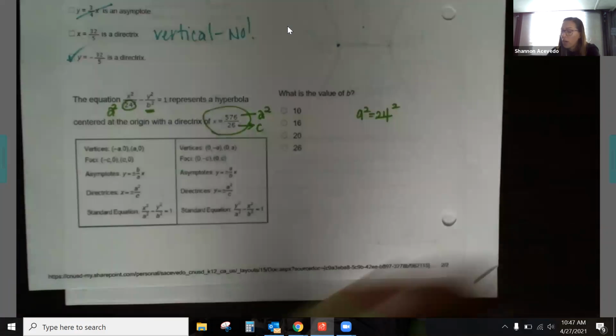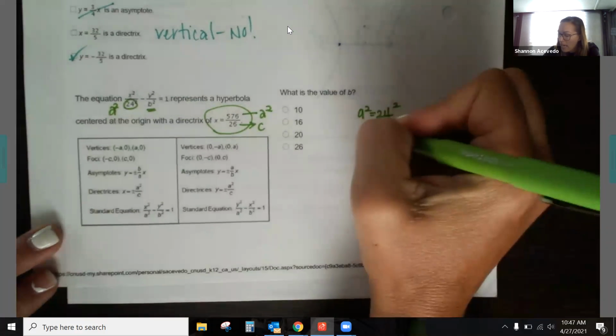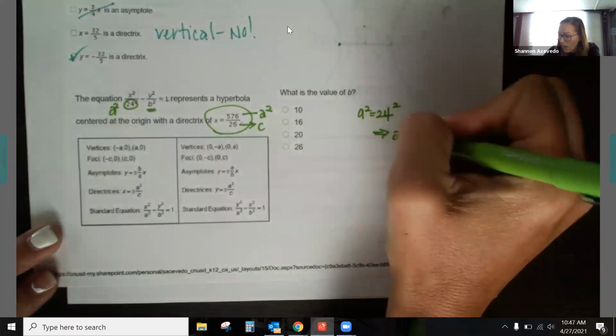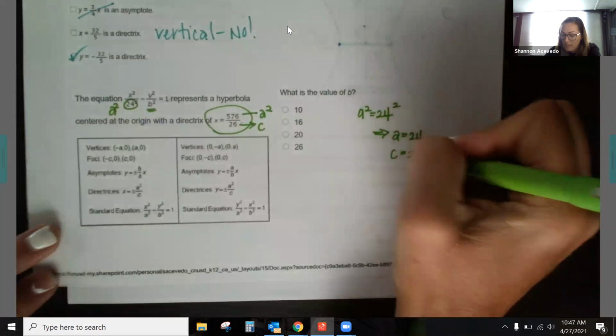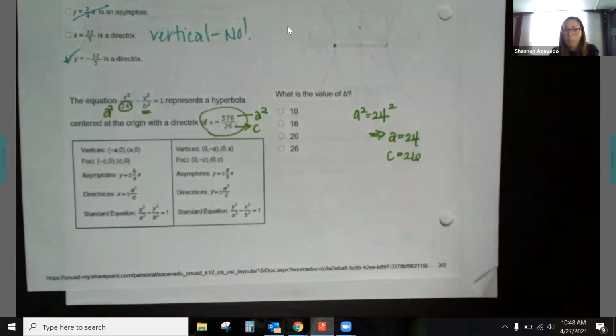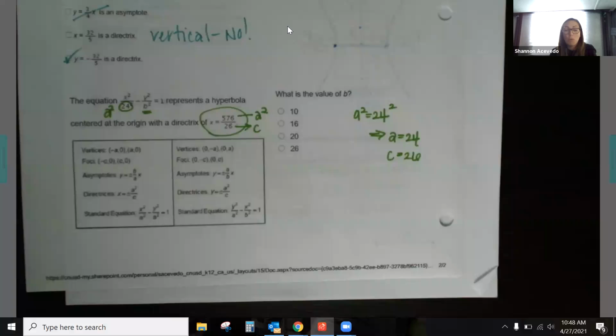So not only do I know then that my a is 24, I know from this as well that my c is 26. Can I solve for b? Yeah, pretty easily, because we keep going back to these same two formulas.